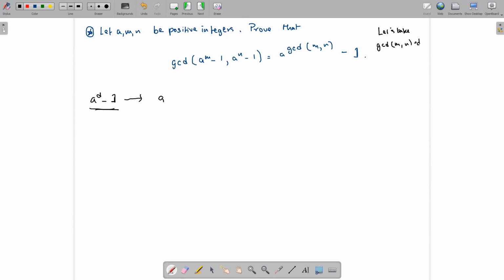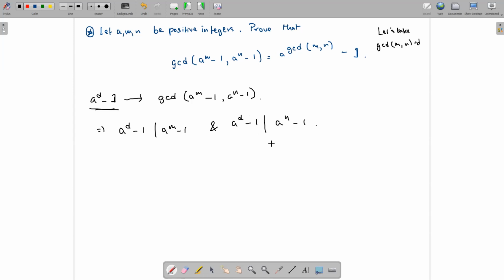This is the GCD of a to the power of m minus 1 and a to the power of n minus 1. This implies that a to the power of d minus 1 should divide a to the power of m minus 1, and it should also divide a to the power of n minus 1, right?